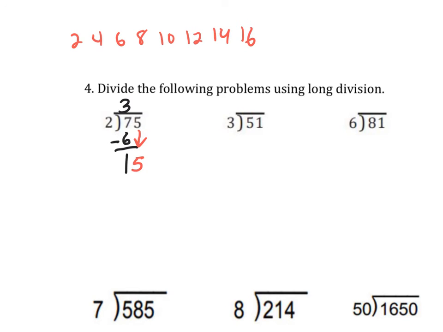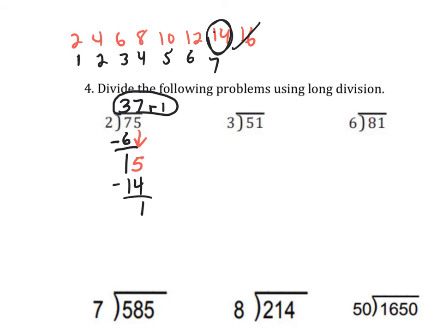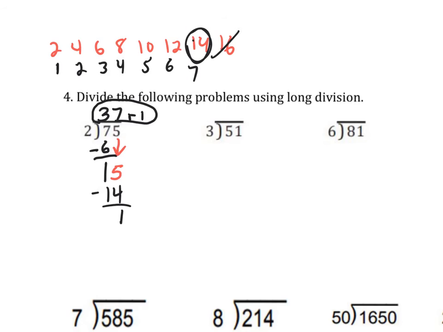Well, 16 is too far, so it's got to be 14. So 2 times 7 is 14. Then we subtract 14 from 15, we get 1. In this case, we'll have a remainder of 1. So 37, remainder 1.